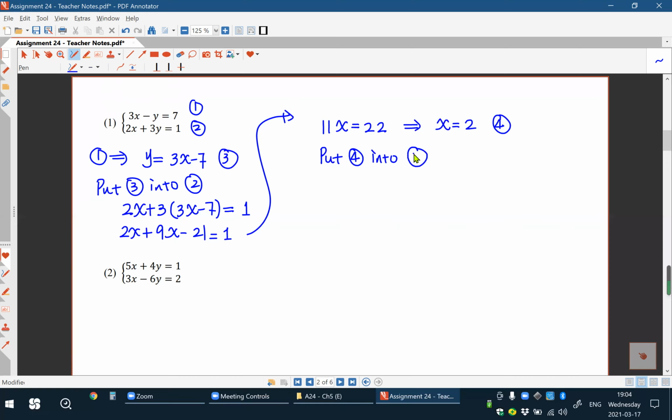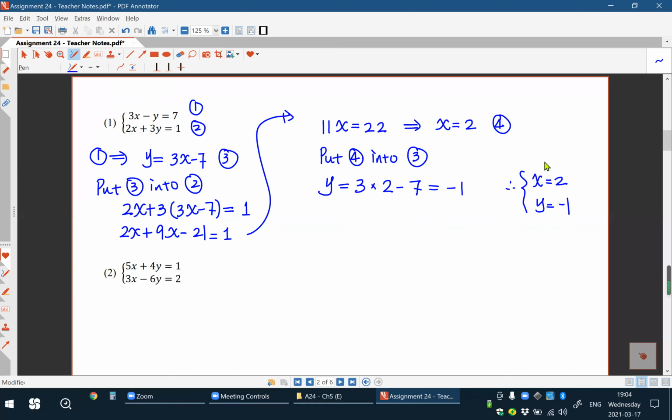So let's put it into 3. Then you will get y equals 3x, that means 3 times 2 minus 7, right? Okay, so y is minus 1. So our final solution is x equals 2 and y equals minus 1.